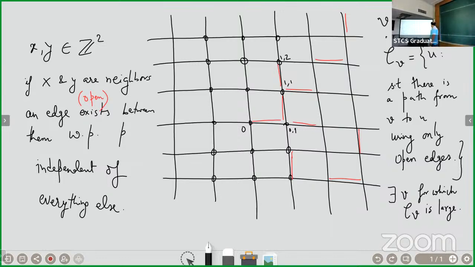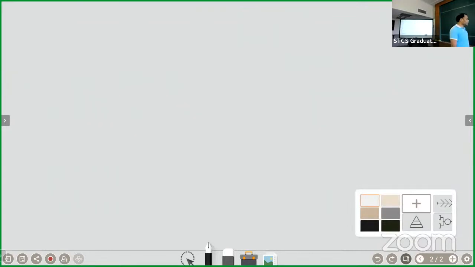All right, so let's now try to define these events. Theta of p is the probability, and denote little p to be the probability with which an edge is open. Everything depends on it. That's my percolation event. That's my probability of percolation.